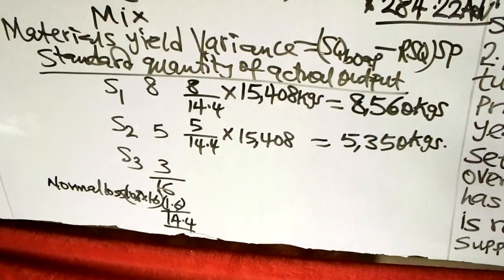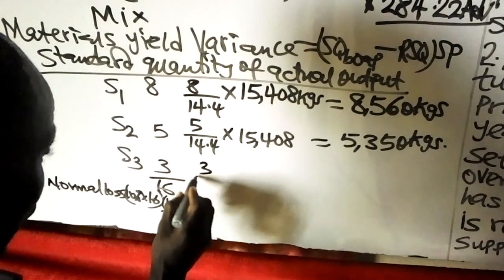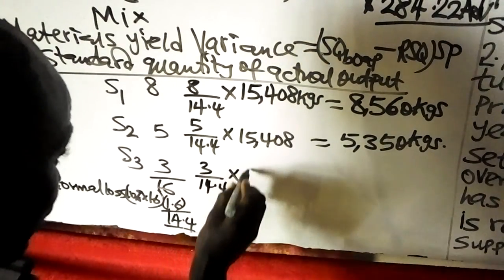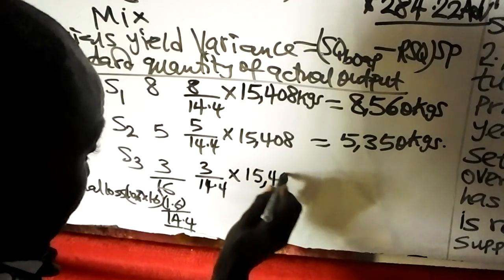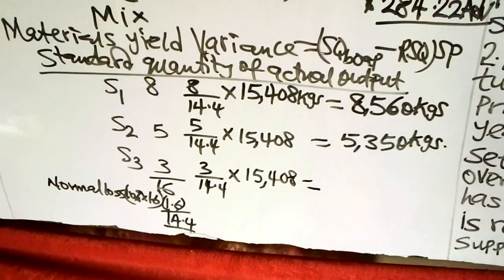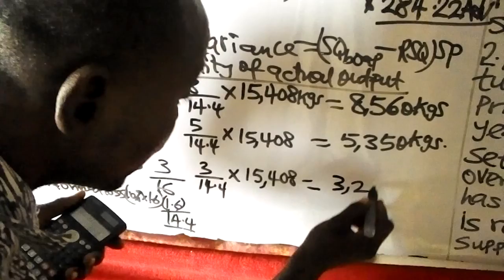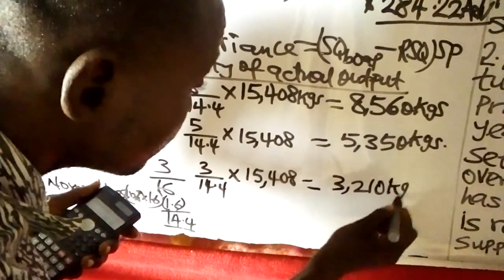For S3, we have 3 over 14.4 times 15,408. That will give us 3,210 kgs.